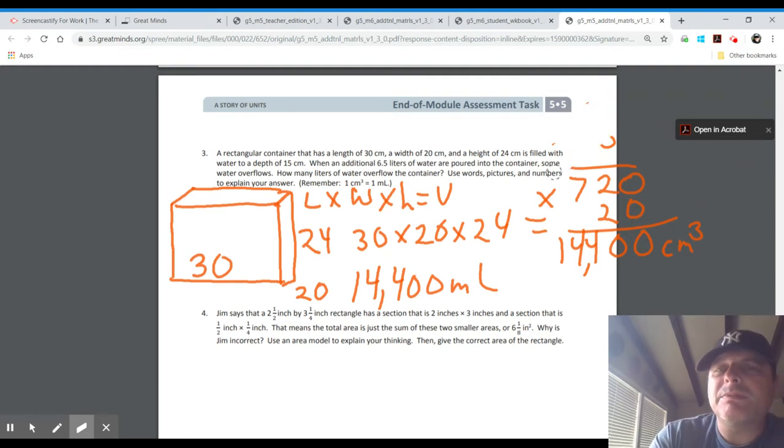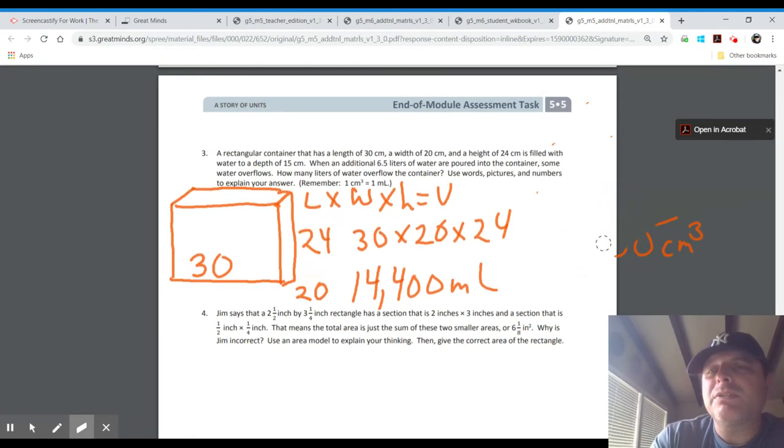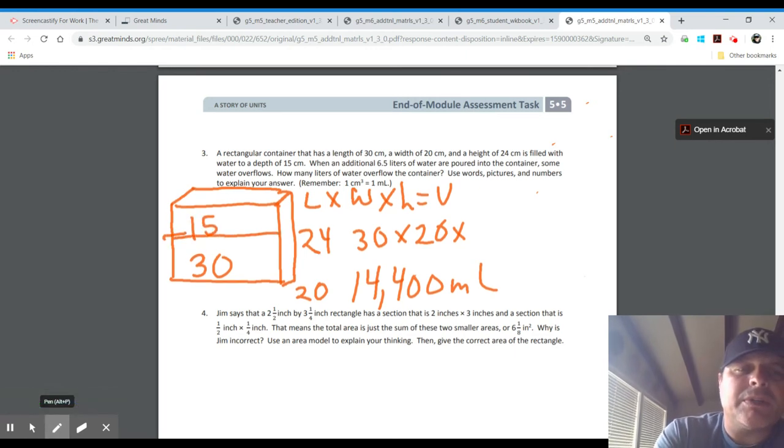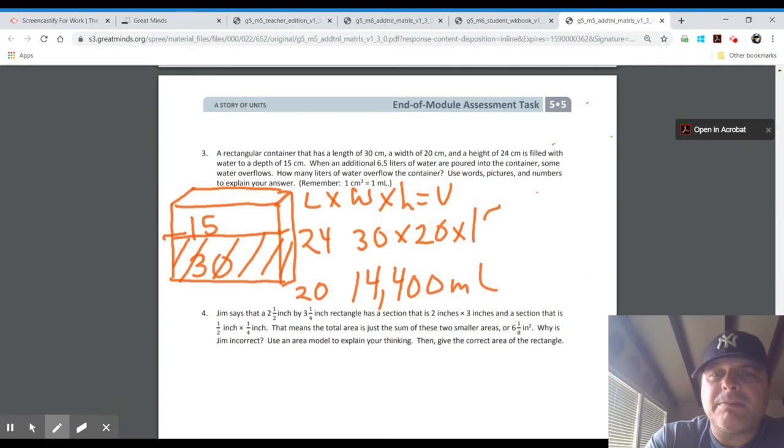Okay, so I have some room to do some work. The amount of water we're going to add goes up to 15 as the new height, so I'm going to put a 15 in there.